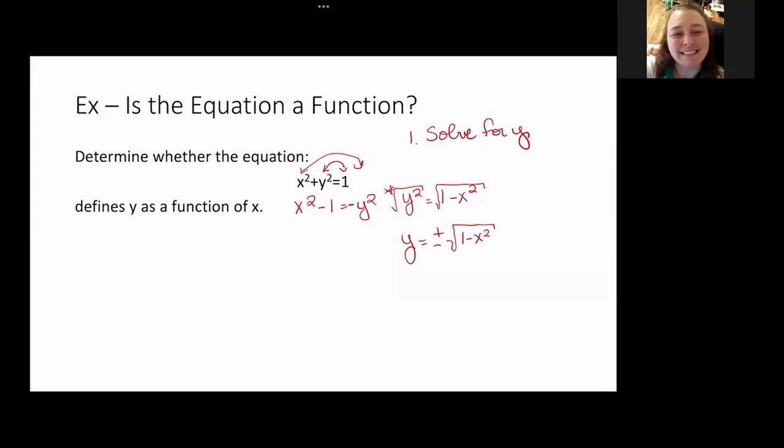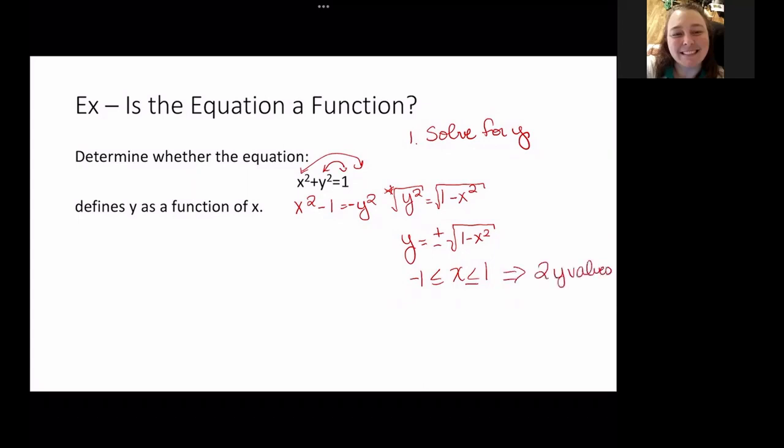Okay, so remember, y is going to be your output. So for values of x between -1 and 1, there are going to be 2 values of y.